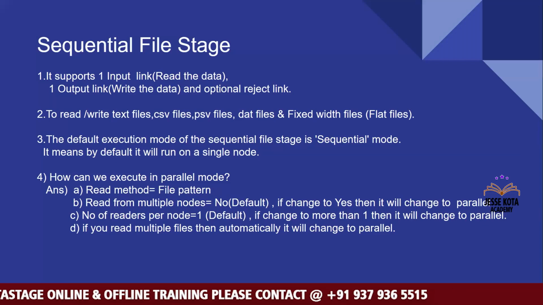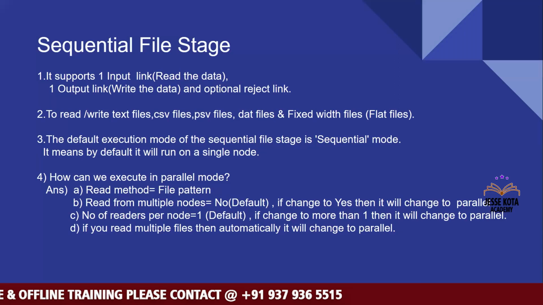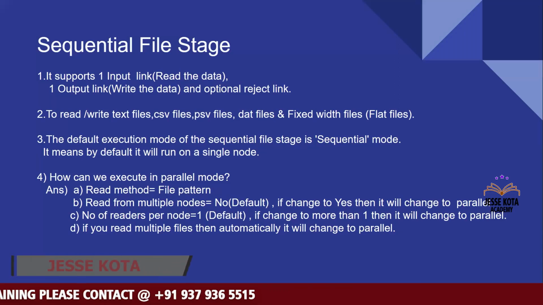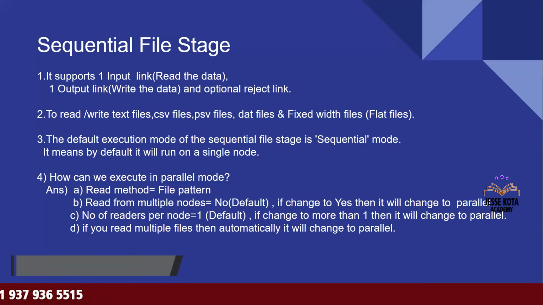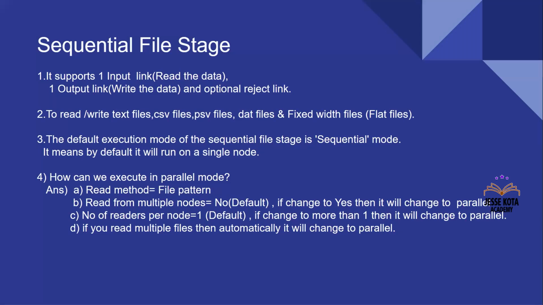The default execution mode of the sequential file stage is sequential mode. So what is the default execution mode, and what is the parallel mode? Sequential mode runs the data in a single node. In the last session, in the DataStage theory part, we discussed that we divide the data into partitions.